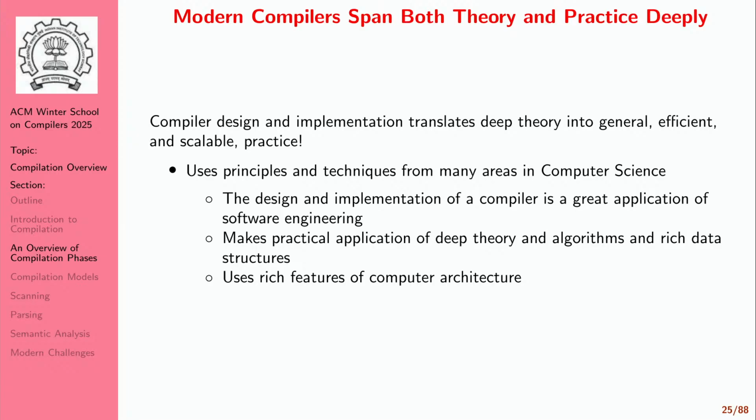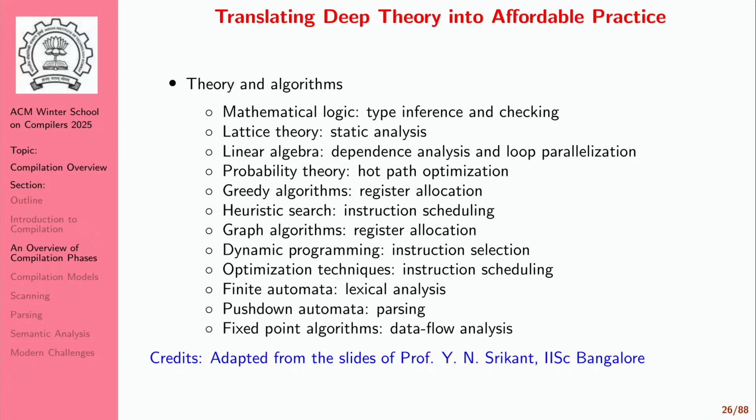It uses principles and techniques from many areas of computer science. Let me not go into too many details here. For example, in theory of algorithms, you have to study mathematical logic, lattice theory, linear algebra, probability theory, greedy algorithms, heuristic search, graph algorithms, dynamic programming.